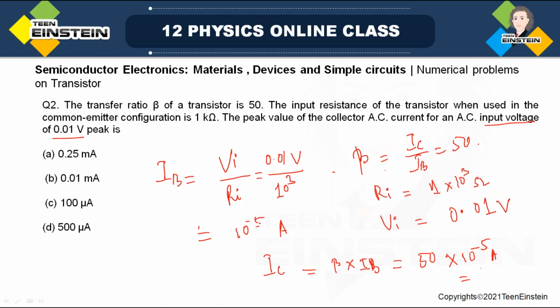So this will be, sorry, not 50, it is actually becoming 5 into 10 to the power minus 4 ampere. So if you convert this into microampere, then it will be 500 microampere. Okay, so this is the answer. So what is the answer? Option D. So option D will be the answer.